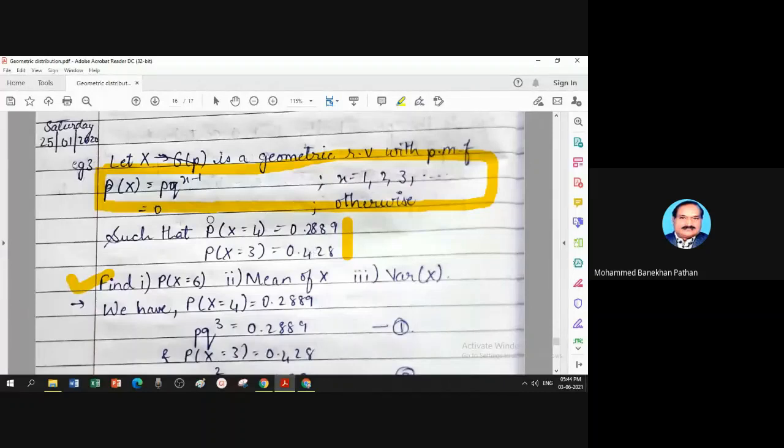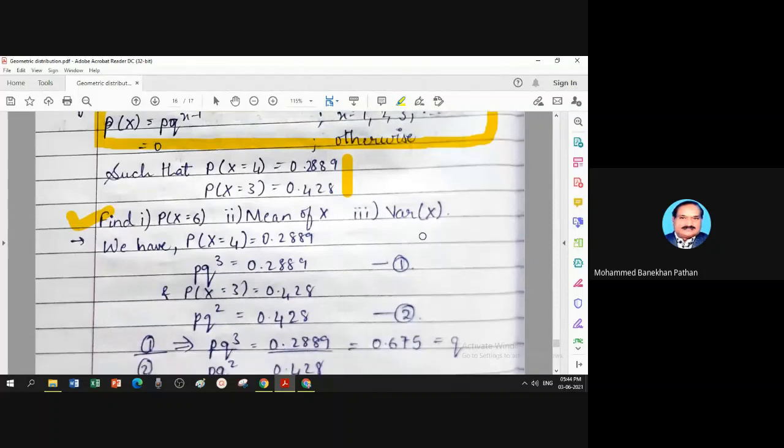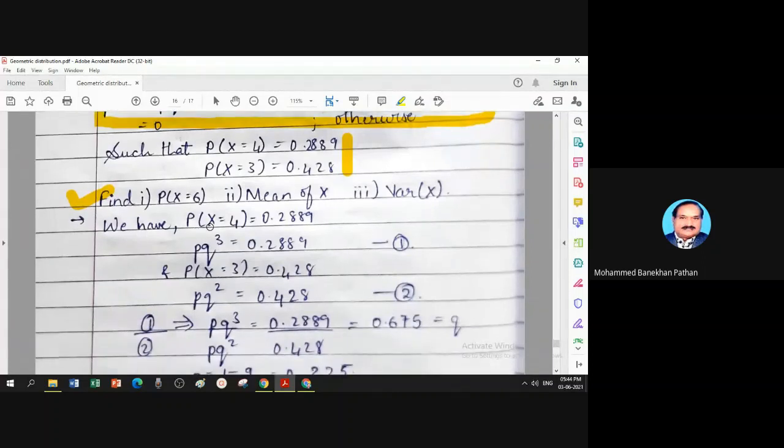So by using this information, your first step is to develop the value for P, and then ultimately Q is 1 minus P. So I will try to get P first and then I will find the answers of these 3 parts. We have probability at X equal to 4, which is 0.2889.